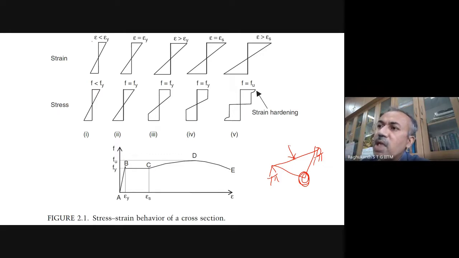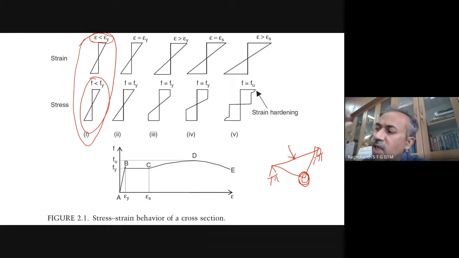If epsilon is less than epsilon y, that is, f is less than fy, the structure is still in the elastic range. This is what you have studied in mechanics of materials and structural analysis courses. Now when epsilon becomes epsilon y, or f is equal to fy, the load has been slightly increased, and the top and bottom fibers reach fy, that is, yield.